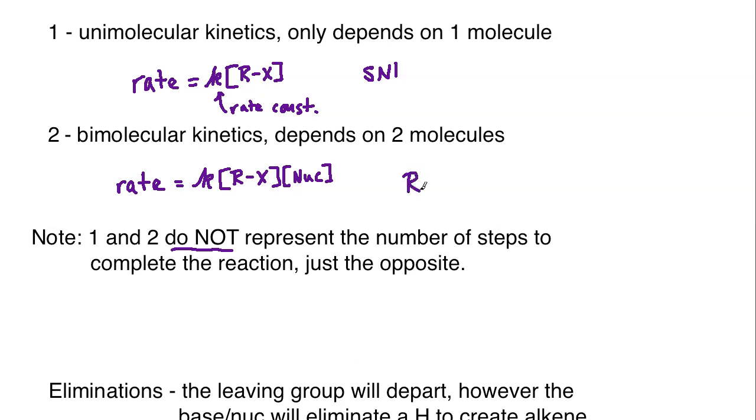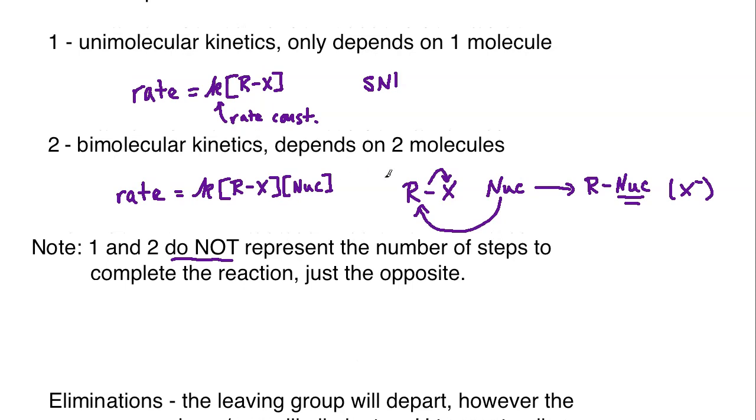The R and the X here, as the leaving group leaves, the nucleophile is going to come in at the same time. This all occurs in one step, and then it provides you with the new nucleophile that has displaced or substituted the leaving group. And then you would have the leaving group out here, right, X minus in solution.